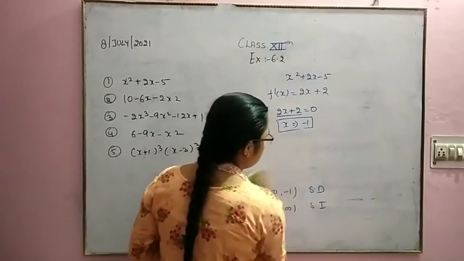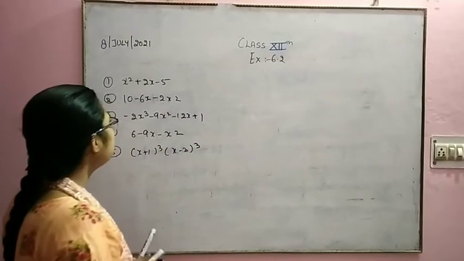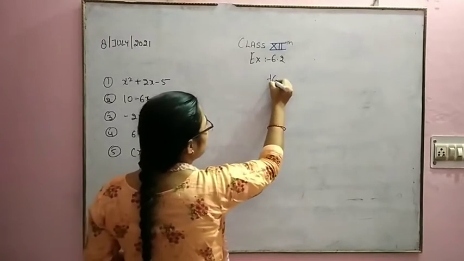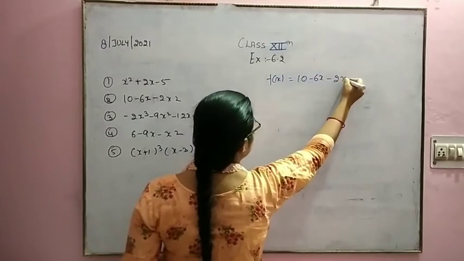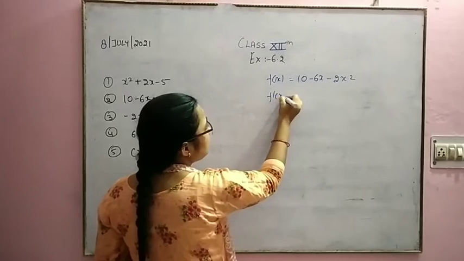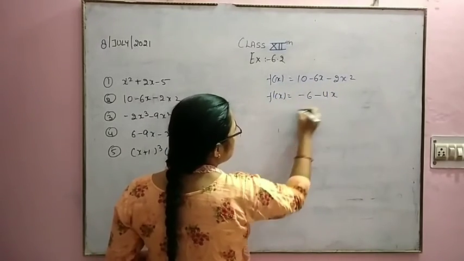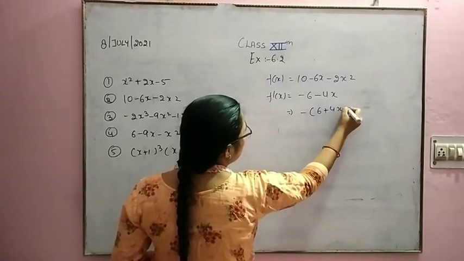Now come to the next part of this question. Firstly, 10 minus 6x minus 2x square. Find out f dash x. We get minus 6 minus 4x. Taking minus sign common, we get minus (6 plus 4x).